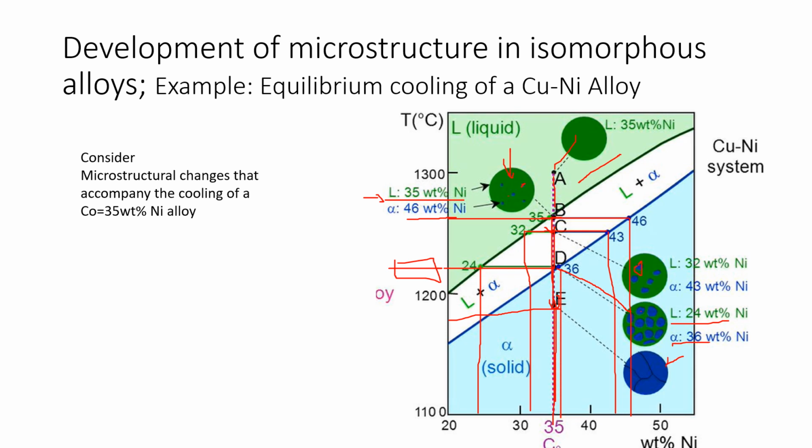At this point, we come across the completely solid solution with no amount of liquid, with 0% of the liquid in this region. So this is the microstructural study of cooling of copper nickel alloy from 1300 degrees centigrade.